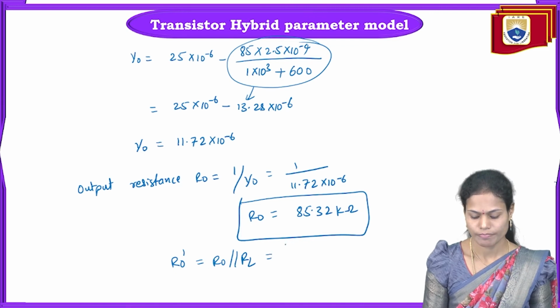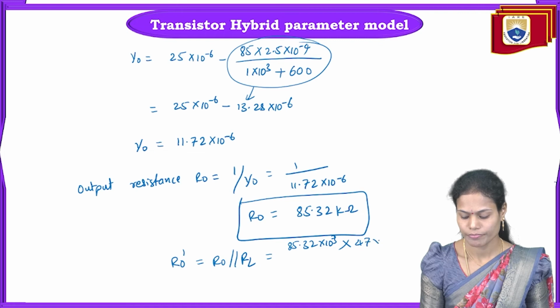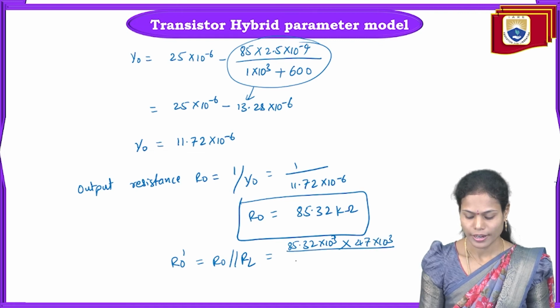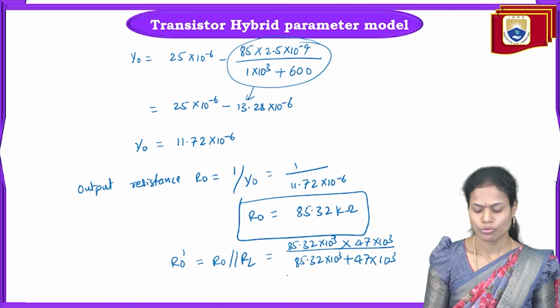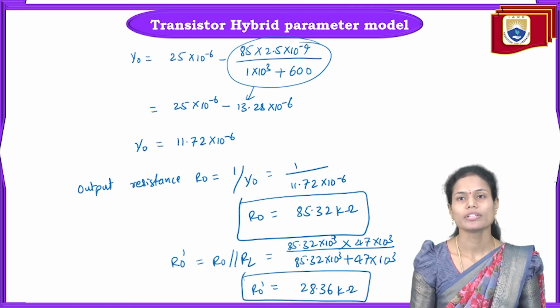So here R0 value is 85.32 into 10 power 3 into load resistance 47 kilo ohms divided by 85.32 into 10 power 3 plus 47 into 10 power 3. If we simplify this, we will get 28.36 kilo ohms. So this is the R0 dash, the overall impedance of the circuit.